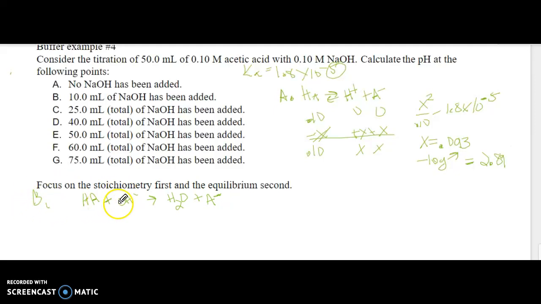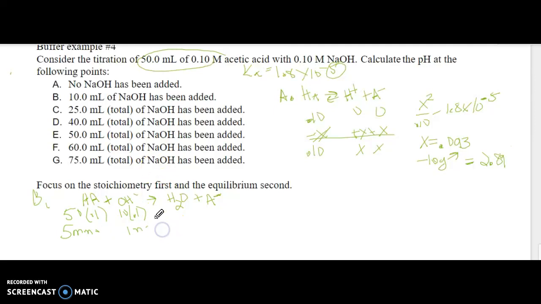So at 10 milliliters of this and 50 milliliters of this, we're going to have to count for all those volumes. So 50 times 0.1 and 10 times 0.1. So this is going to give you 5 millimoles and 1 millimole.